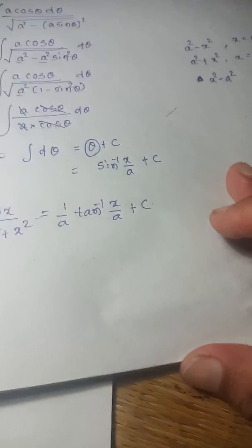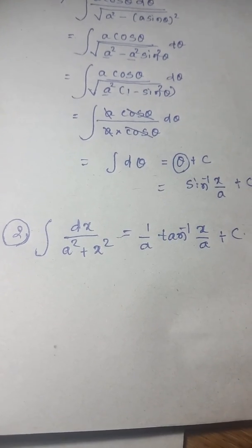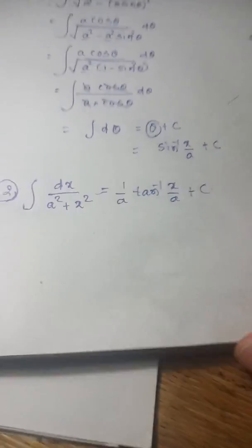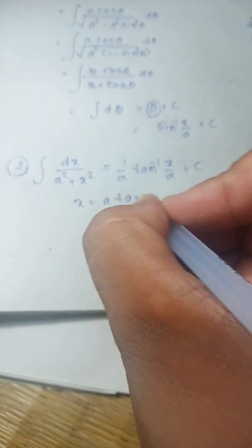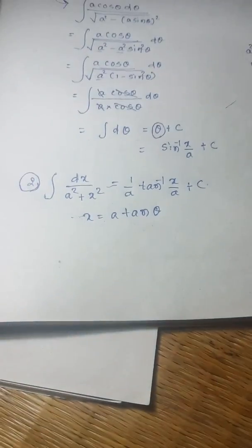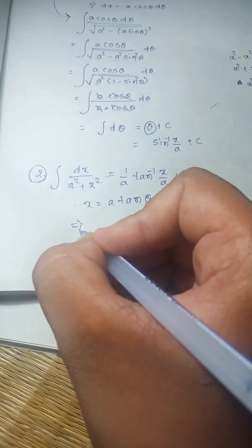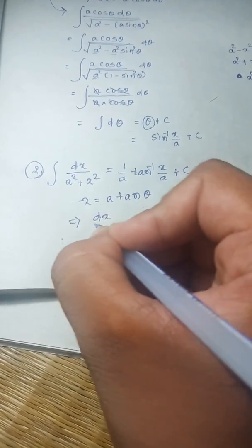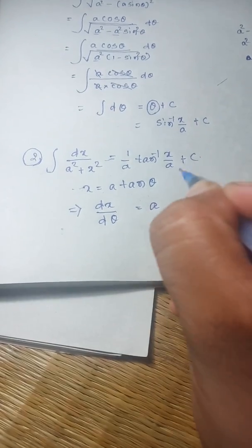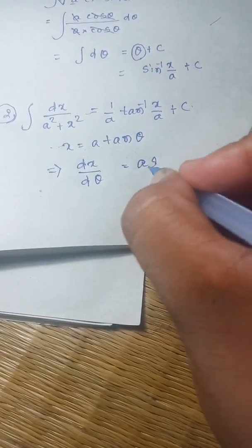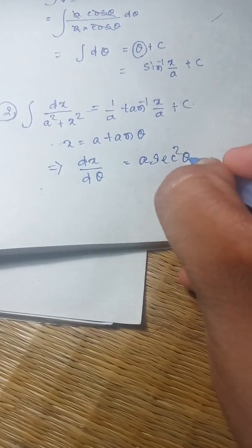So now, as the a square plus x square term is here, I can put x is equal to a tan theta here. So the derivative of x, that is dx by d theta, is equal to a, where a is a constant, and we know the derivative of tan theta will be sec square theta.